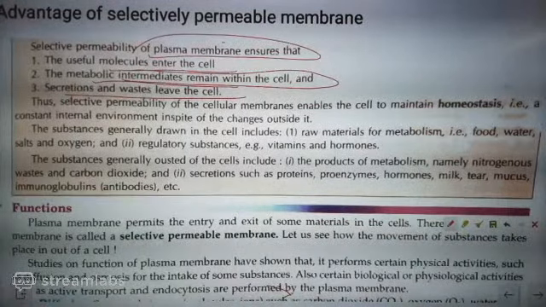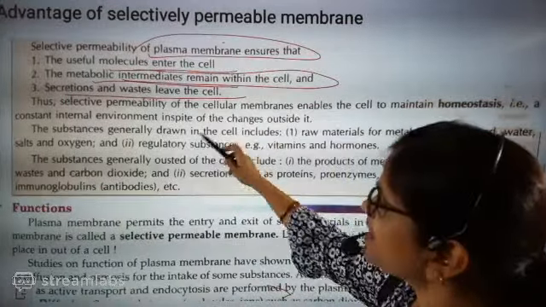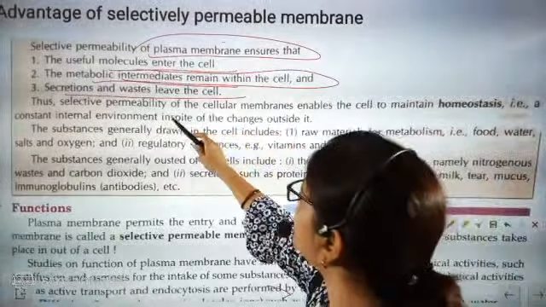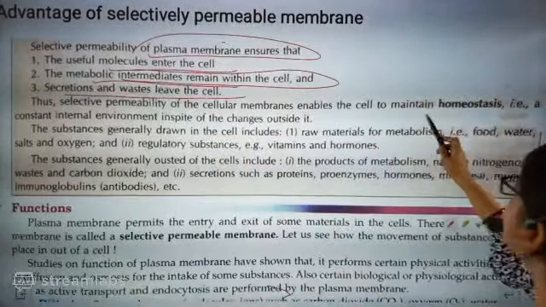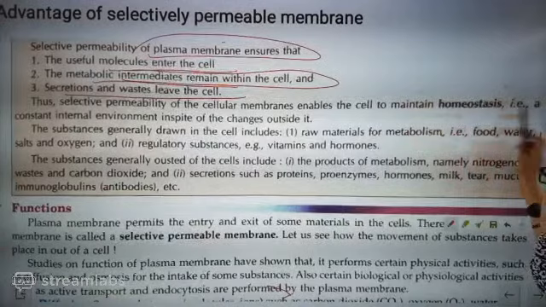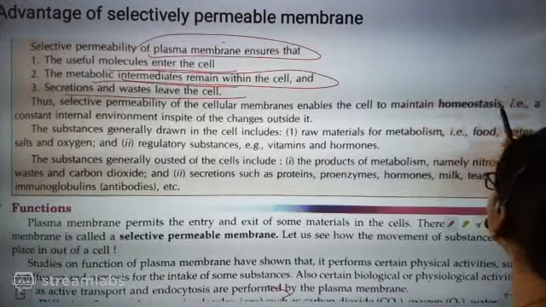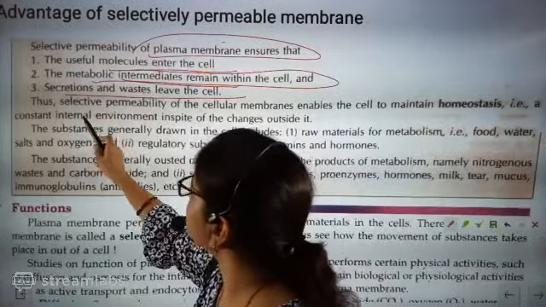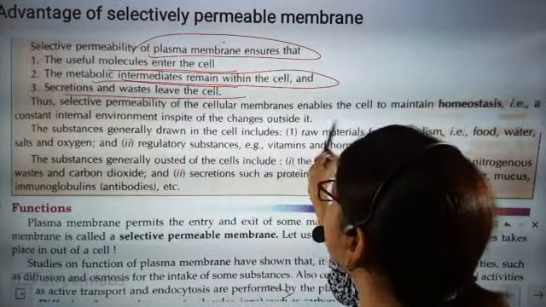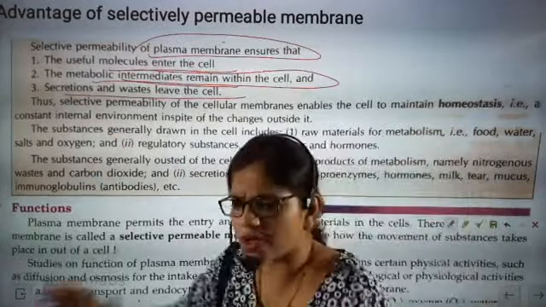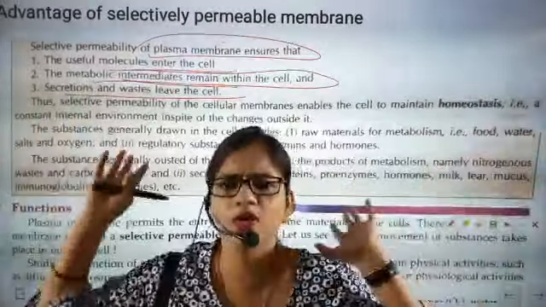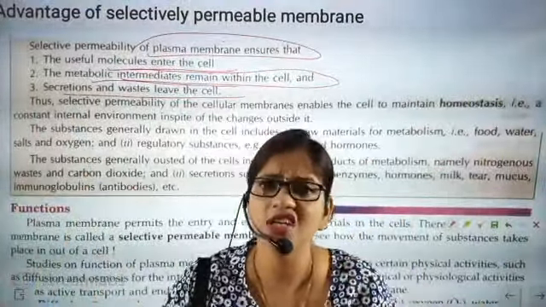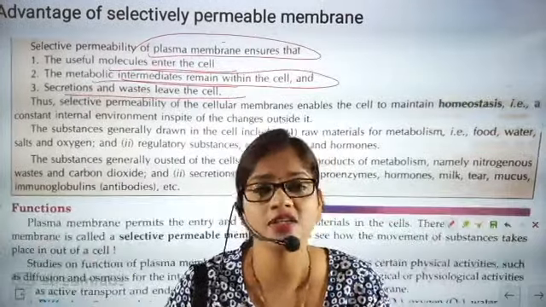Now, the selective permeability of the cellular membrane enables the cell to maintain homeostasis. What is homeostasis? That is a constant internal environment in spite of changes outside. That means, beta, right now corona is spreading outside, and the public is telling you to stay inside because inside you are safe.